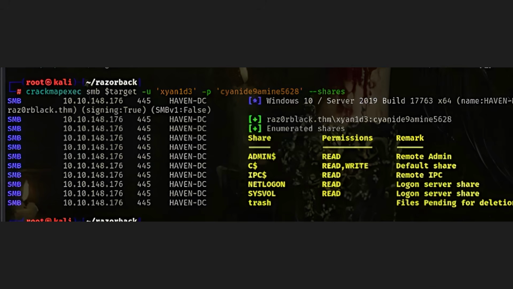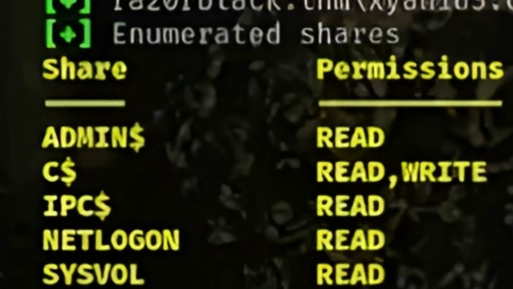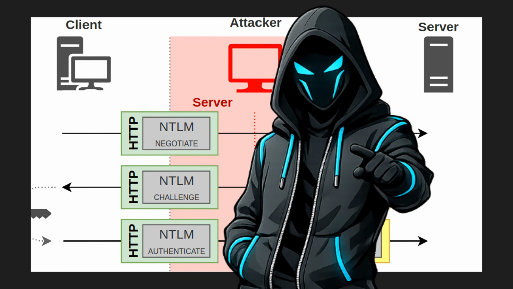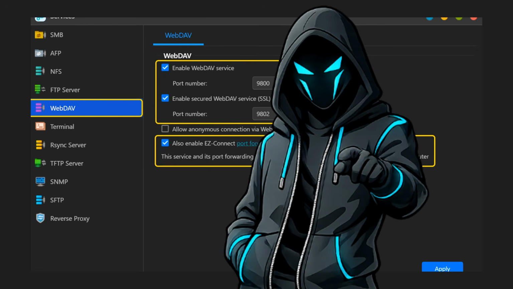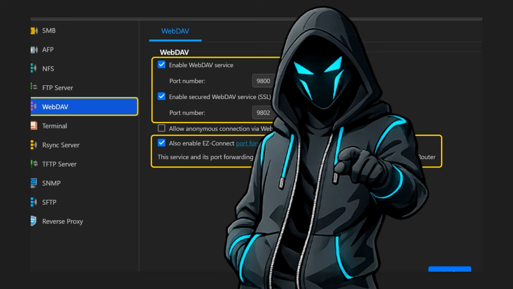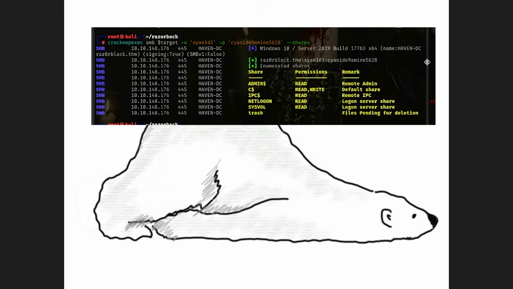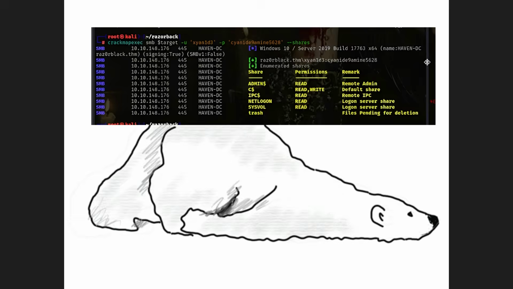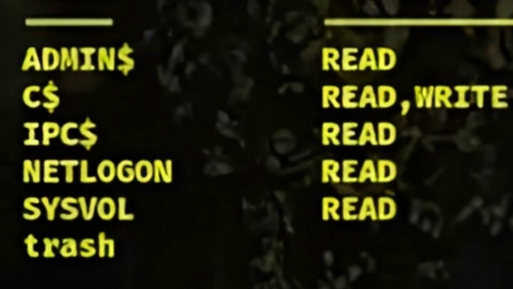The fact that we can read C is interesting, I guess, but unless C is being interacted with by many other users where we can possibly steal a hash, which I would doubt, or if the C share we could access elsewhere, like in a browser or a web server, which is not the case either. I can't immediately see the usage of having write permission in C. That would be super interesting. In terms of SYSVOL or NETLOGON and IPC, these are all defaults, and having read isn't too interesting.